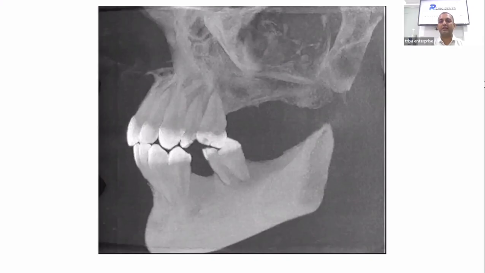But before I discuss how to read the OPG X-ray, I'm putting up this image where you can now identify on the X-ray the fusion zone. Can you appreciate the fusion zone? This is formed by the fusion of the lateral pterygoid plate to the distal part of the maxilla. If you see here very carefully, you will also be able to appreciate a depression behind the maxillary tuberosity, which is called the hamular notch, and an extension over here from the medial pterygoid plate, which is called the hamular process.